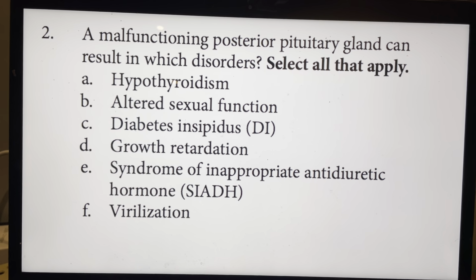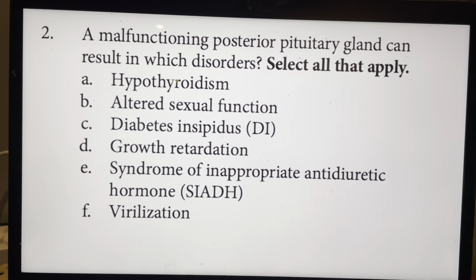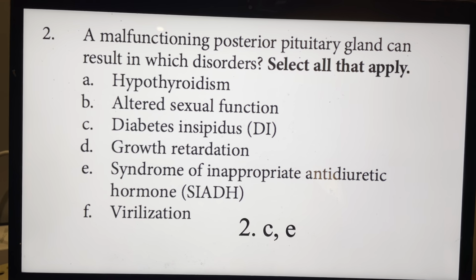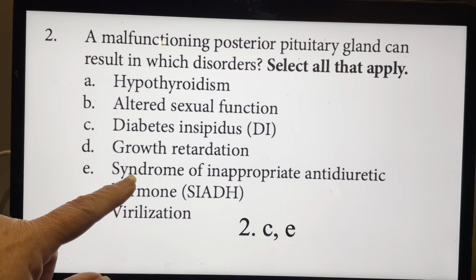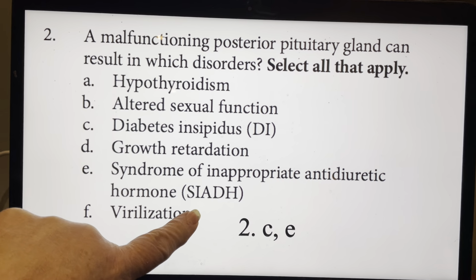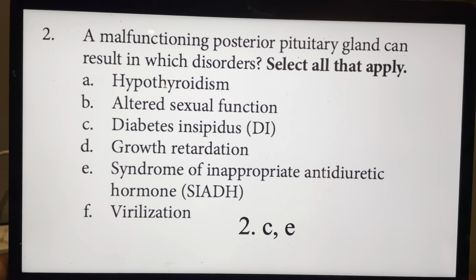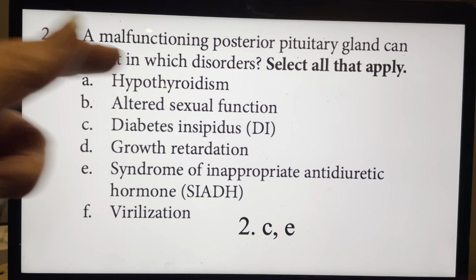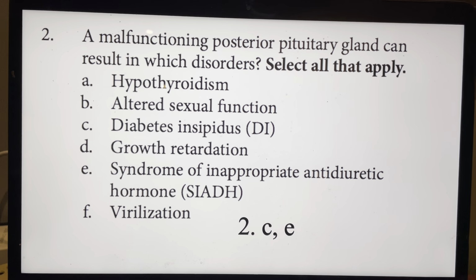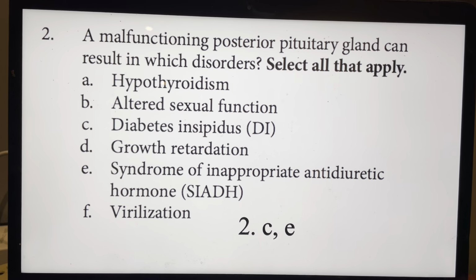You know, they say she got virilization. Okay, you got your answers? Yeah, diabetes insipidus and soggy Sid. I've got a video with mnemonics. I would encourage you to go watch that and then maybe come back and do these. You know, repetition is the mother of learning.